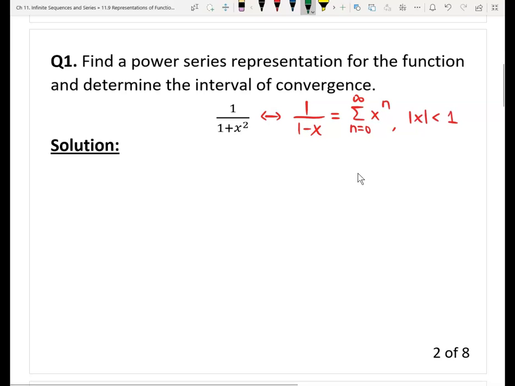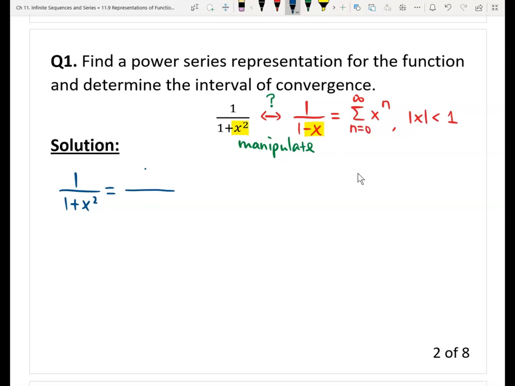Now the question is how to link. I will see the difference from here to here. So we need to manipulate it. All we need to do is manipulate, and it's not difficult. Let me show you. In this 1 plus x squared, that's the beginning.